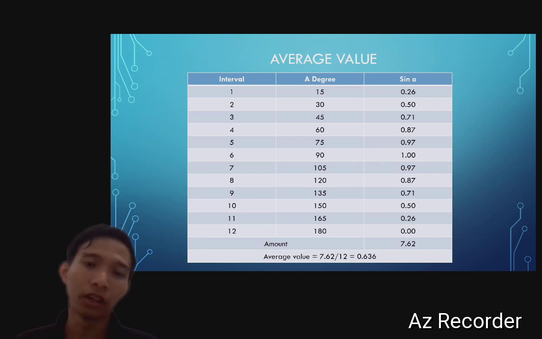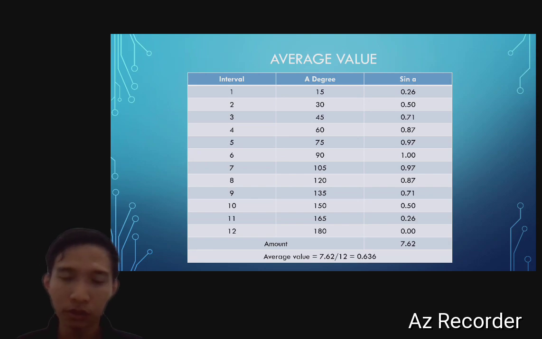In one interval, or at 15 degrees, we get sin alpha equal to 0.26. If we add more, for example interval 2 at 30 degrees, sin alpha is around 0.50. And if we add more again, at 90 degrees, which has the peak of the mountain, we get 1.